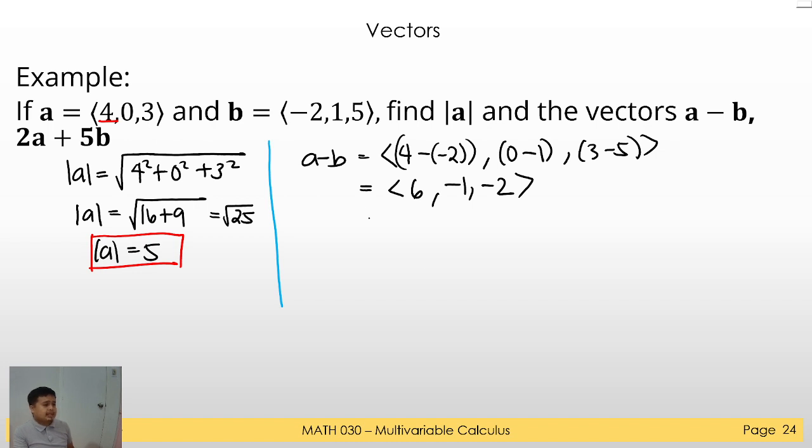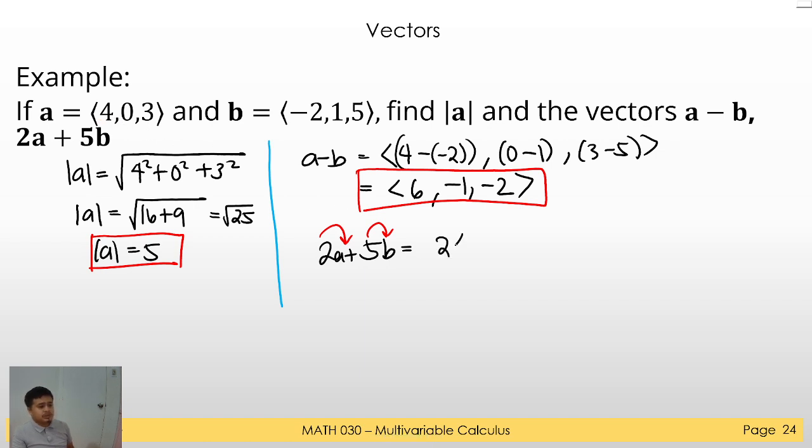Okay, and then for 2A plus 5B, that will be equal to 2 multiplied by A, plus 5 multiplied by B. Let's try doing this one by one.